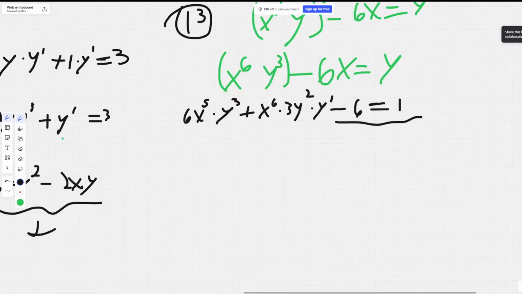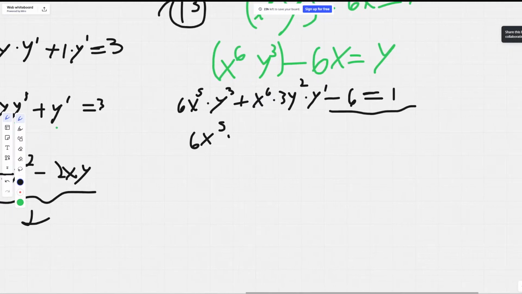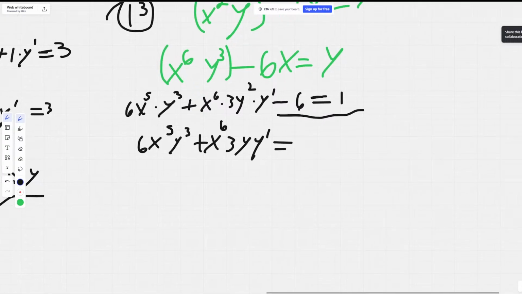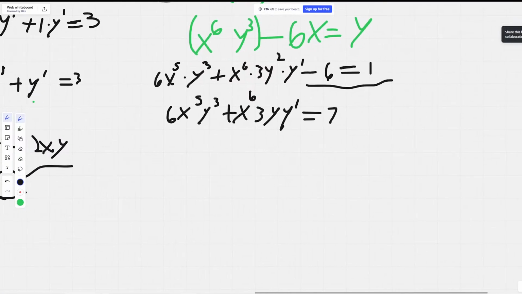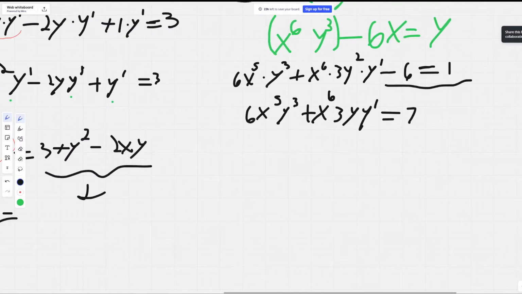At least this section will be simple and easy. 6x to the 5th y cubed plus x to the 6th, that one's not too bad. 3y squared y prime equals 7. Now, this looks about exactly like what we've done before.